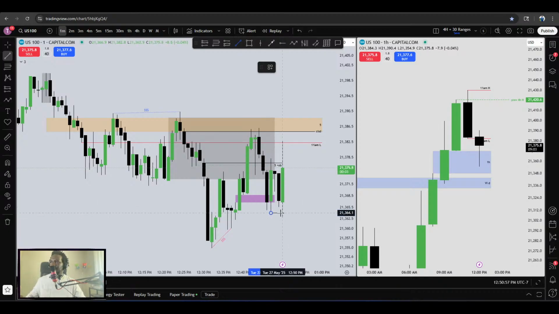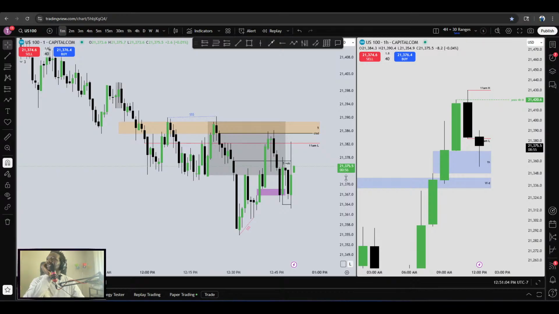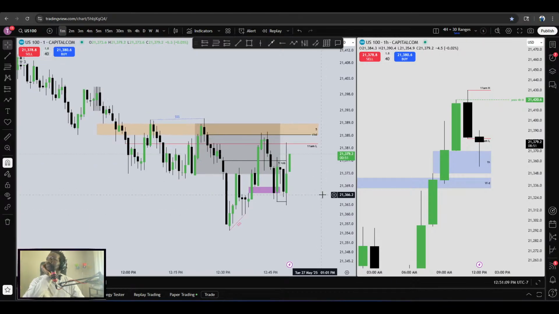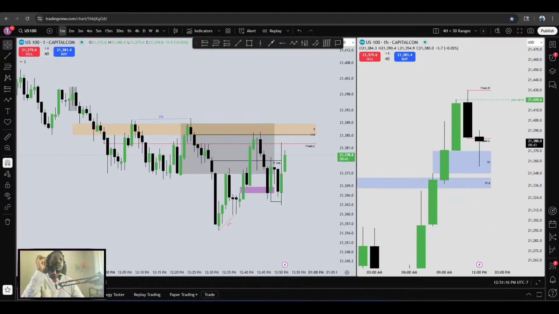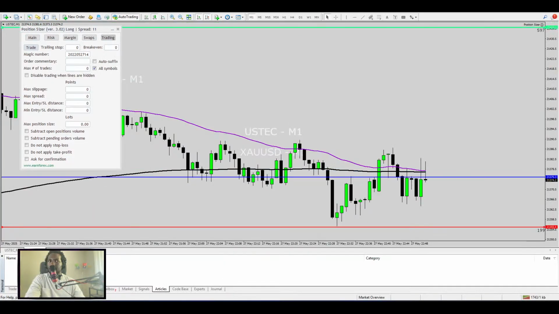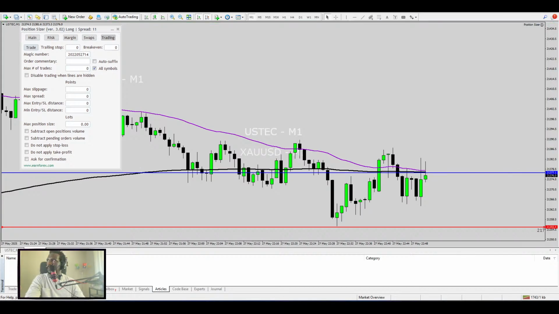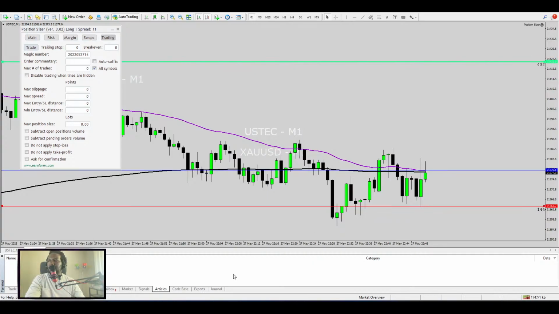So that's some liquidity to the downside. Okay, I'm still not seeing anything attractive here to take. US30 so much wants to come up here, so I don't know. Let's see if we can get something really nice. My stop loss will be below that low if I do get something nice.